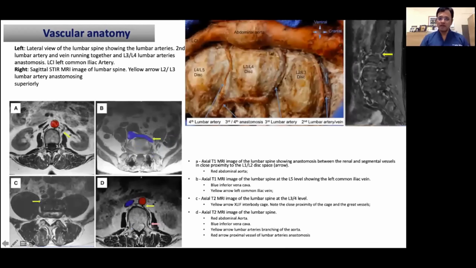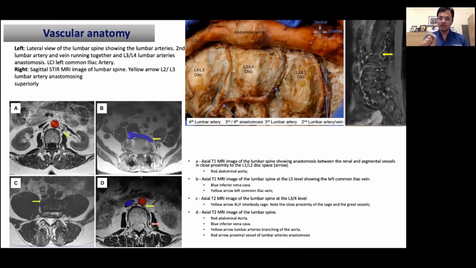We need to consider the vascular anomalies, which sometimes may be detected in a routine preoperative investigation like an MRI. Routine preoperative CT is not recommended in all cases, but is indicated in certain particular instances.